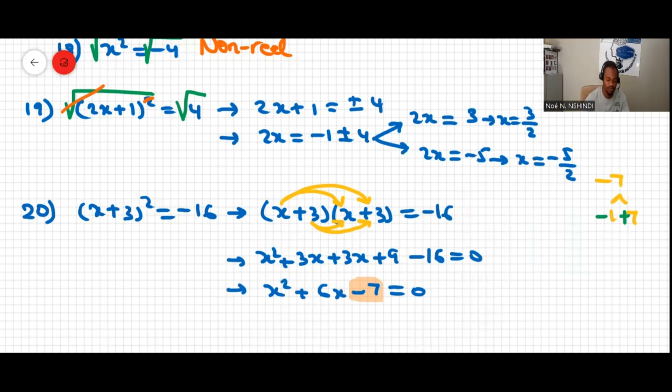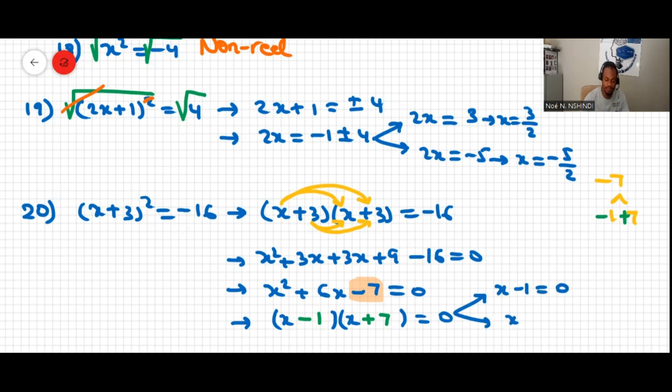So we can factorize here, placing x there, and then equals 0. So there we can see minus 1, and then plus 7. So this will make x minus 1 is 0, or x plus 7 equals 0. So this makes x is 1, or x is negative 7.